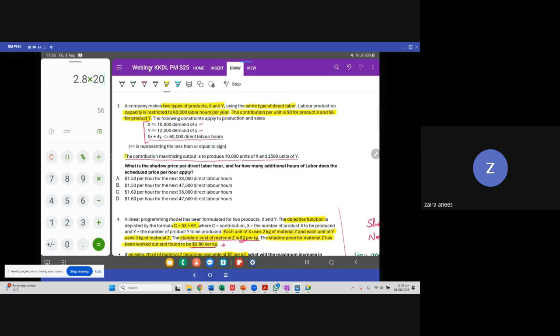Now, the examiner didn't give you any graph. Instead, it has given you these few equations. You have to imagine the graph. Right? What is the shadow price per labor hour? That means we have to calculate the shadow price for labor. And how many additional hours of labor does the shadow price per hour apply to? Now, for the calculation of the shadow price, you should have the solution point.